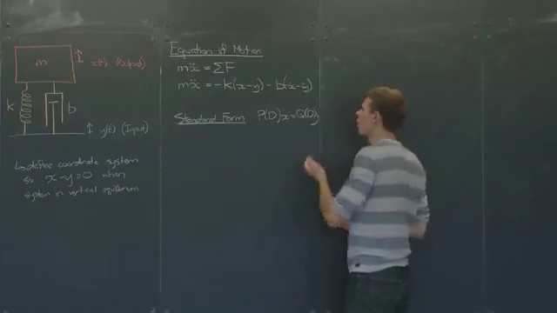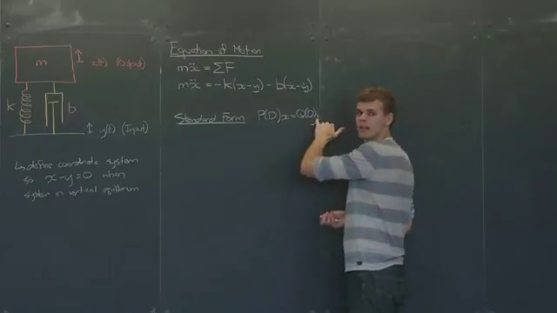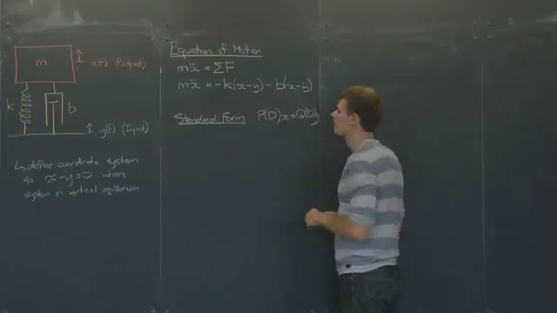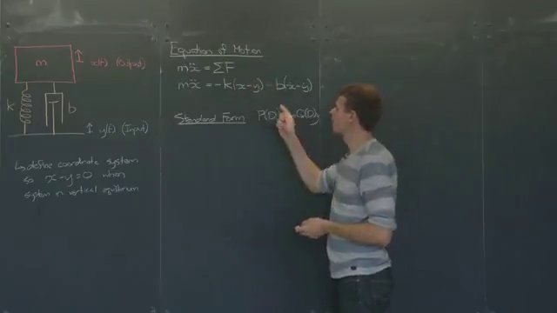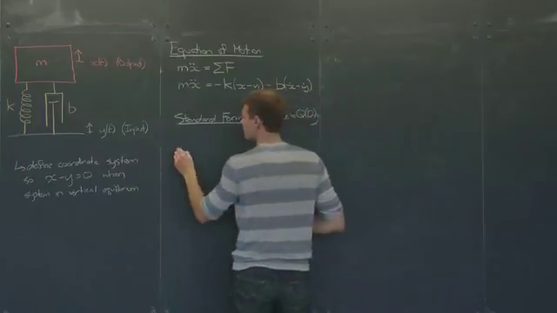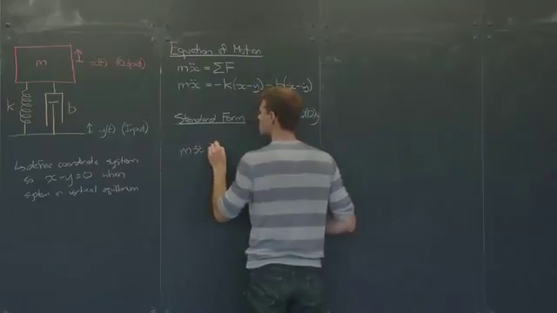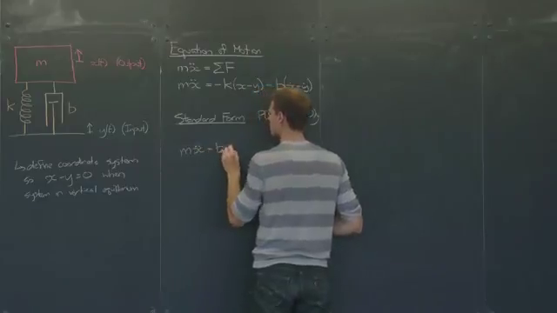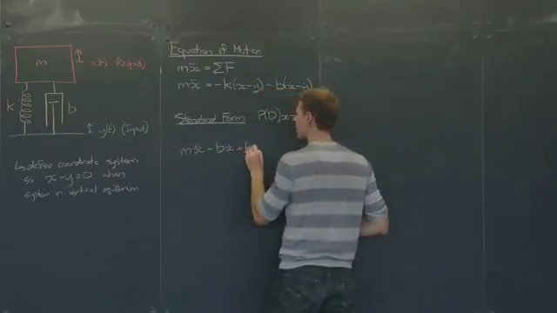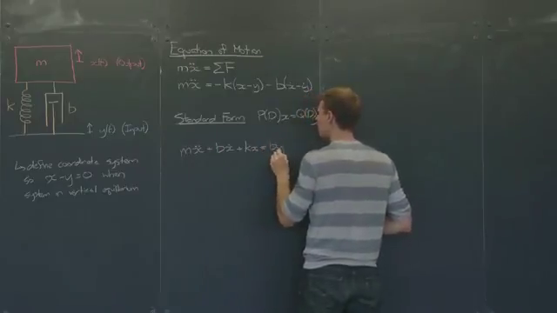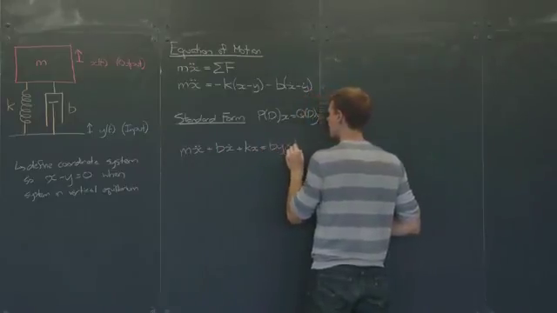In this form, all of the inputs are on the right-hand side of the equation, and all of the outputs are on the left-hand side. If you put this equation of motion in the standard form, we get m x double dot plus b x dot plus kx equals b y dot plus ky.